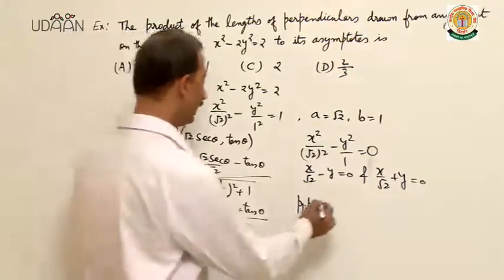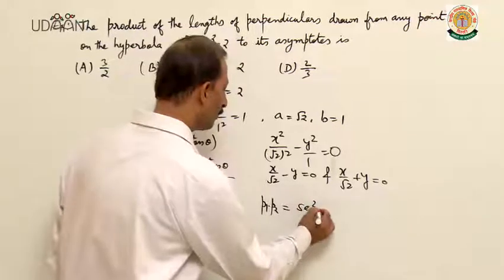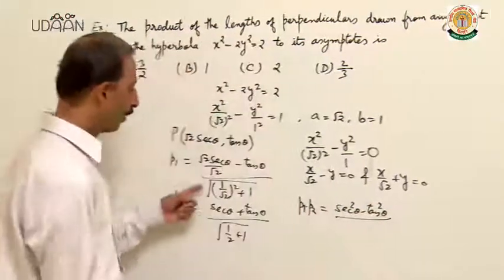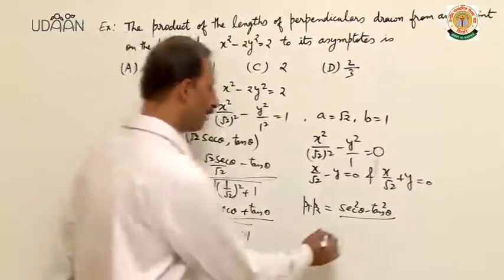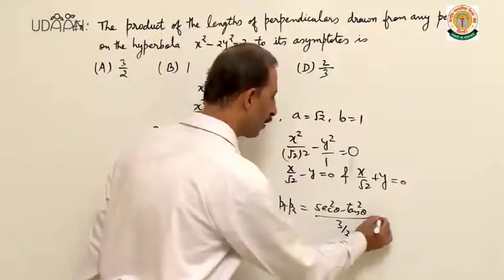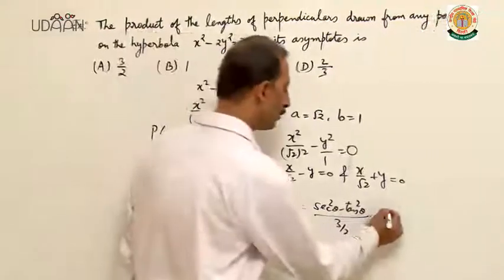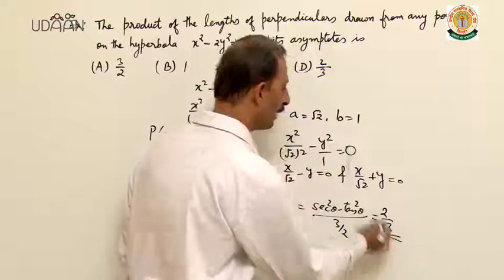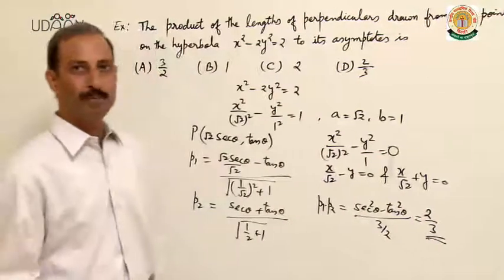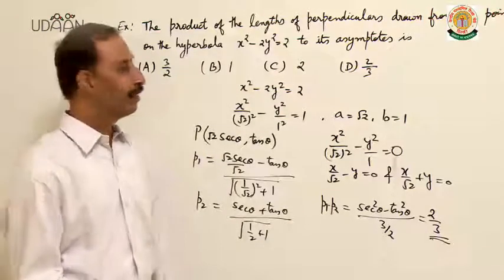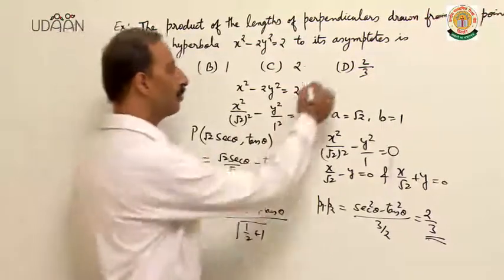You will get sec square theta minus tan square theta upon, multiplying the denominators, 3 upon 2. Now sec square theta minus tan square theta is 1, so it becomes 2 upon 3. So that is the product of the lengths of the perpendiculars. Now check which option is correct. You can see option D is the correct option.